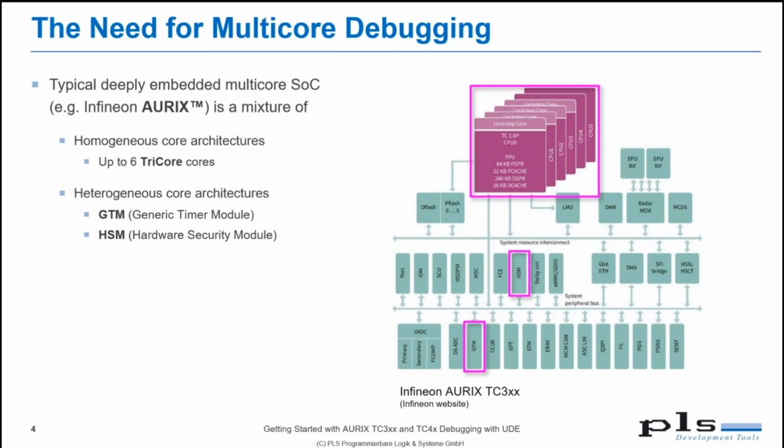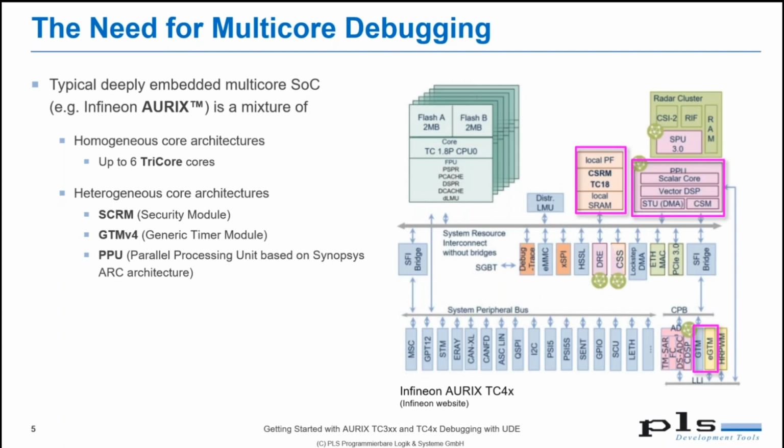For example, we have a GTM, which is the generic timer module, or in the TC3 also the HSM, which is based on an ARM Cortex architecture. The HSM is the hardware security module.